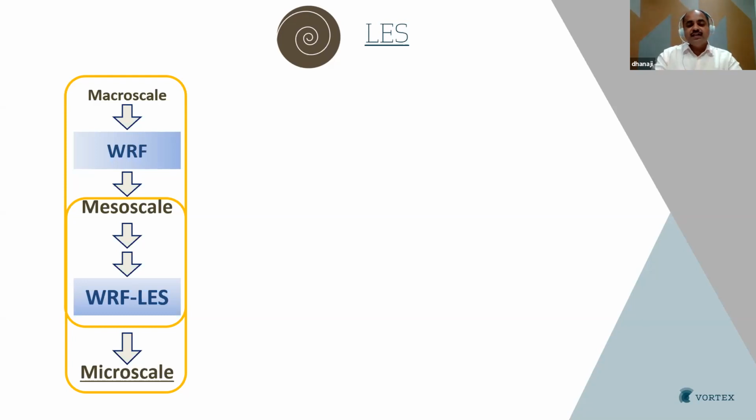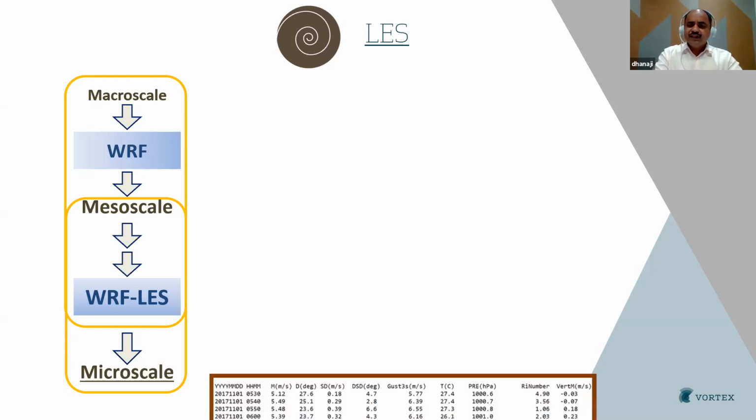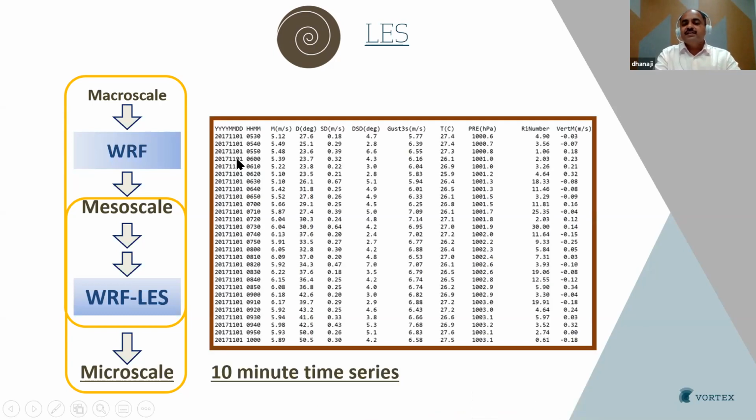So how exactly does this data look? The data looks exactly like metmast data. You can see there will be a date, then the time. The time step is 10 minutes, the same as the metmast data. Then there will be mean speed and wind direction columns, also the standard deviation for mean speed, standard deviation for direction, 3-second gust, temperature, pressure, Richardson number, and vertical speed.